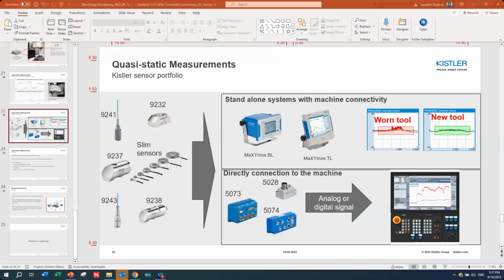This means that you can also use your server space to save the data. When it comes to the lower part, the same thing goes here. If you are connected to your shop floor LAN, then you can also upload the measurement directly to the cloud system or into the machine.